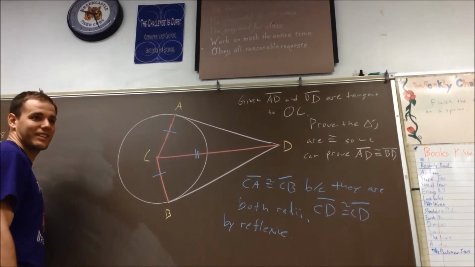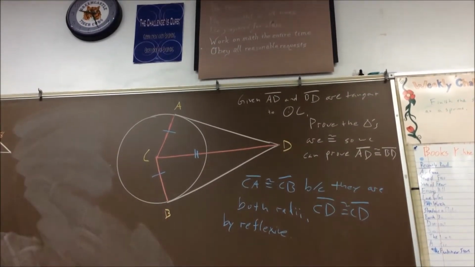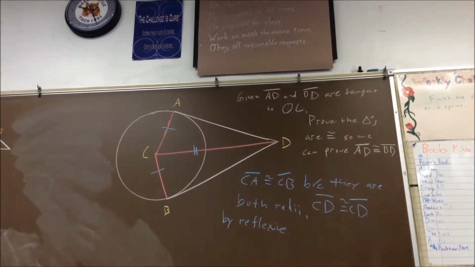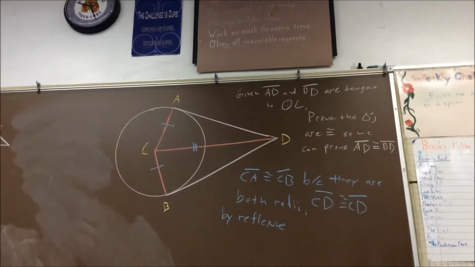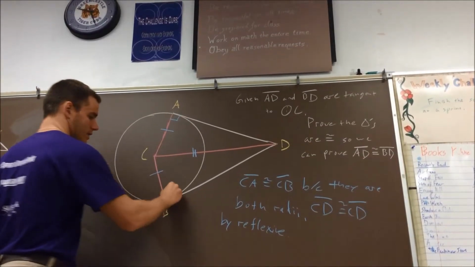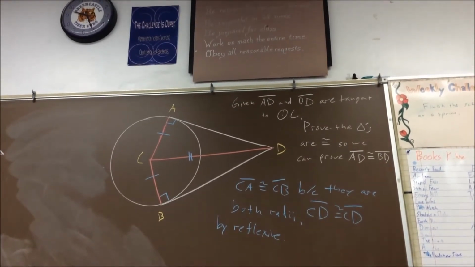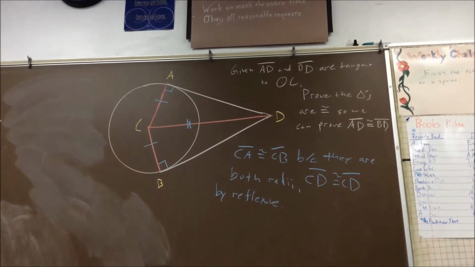The other two. Why is angle A going to be congruent to angle B? How many tangents make it 90 degrees? Yeah, they're tangents, so they're both 90 degrees. We just learned that if it's a tangent line and a radius, they form 90 degrees.